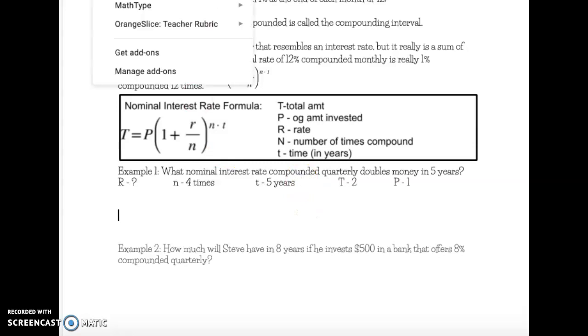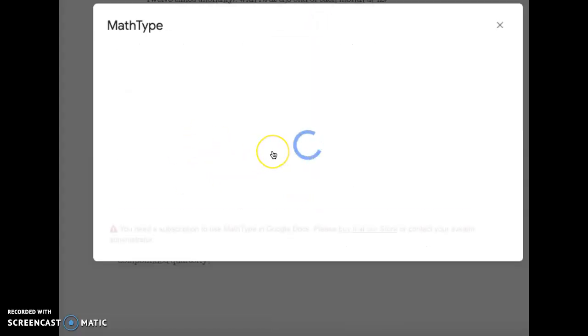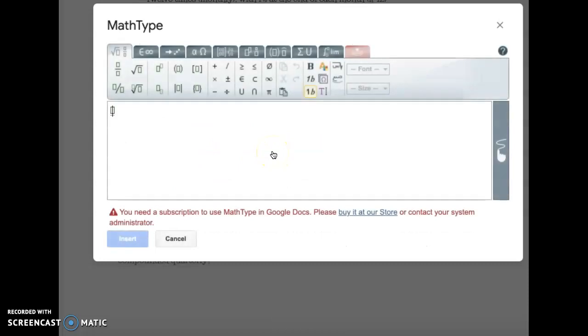All right, let's jump back into that math equation, and let's plug some numbers in here. So I know that I want my total to double. It's 1 plus r over n, which was 4, all to the 4 times, was it 5 years or 3 years? I have to remind myself. It was 5 years.